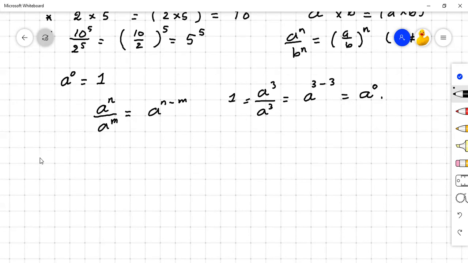Let's now talk about the sign of a power. What do we mean by the sign of a power?